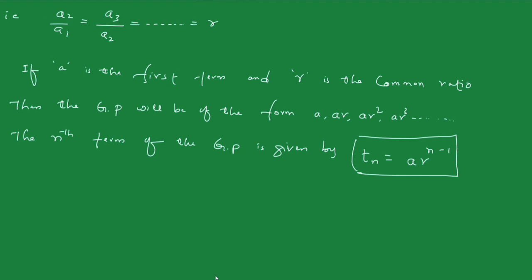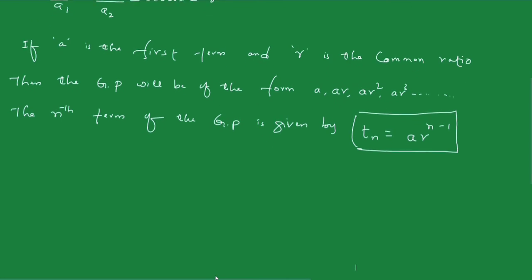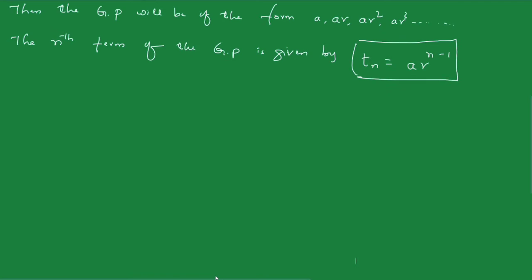So it is the nth term. Now we will see the properties of geometric progression. Already we know the definition of GP, that is, the ratio of any term and its previous term is always constant. It is nothing but r.